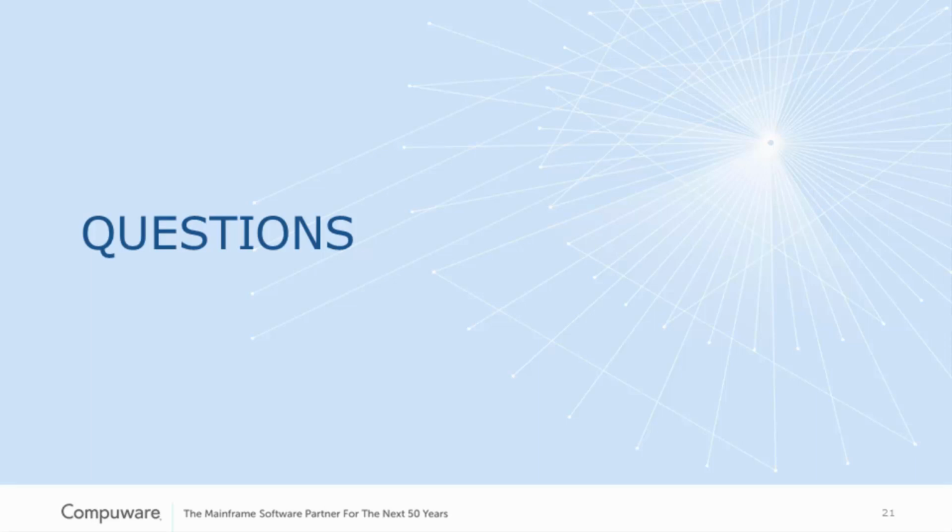Okay, next question. Does ThruPut Manager require the use of Compuware's common ParmLib or other Compuware required software? I think I can handle this one. Right now, the only software that ThruPut Manager requires outside of itself is the LMS, or License Management Subsystem.